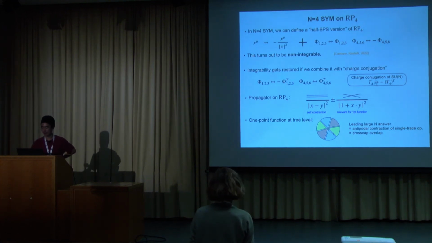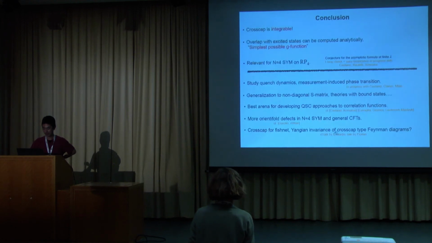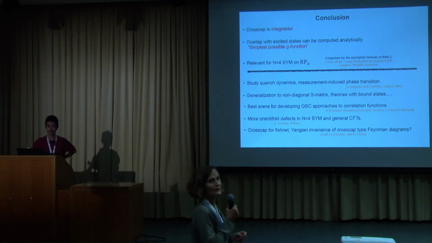There should be an Sp(N) version of this, although we haven't explored it. And in particular, coming back to the last point, one way to study crosscap amplitudes or crosscap-type Feynman diagrams is to study diagrams that show up in SO(N) N=4 super Yang-Mills or the SO(N) fishnet.